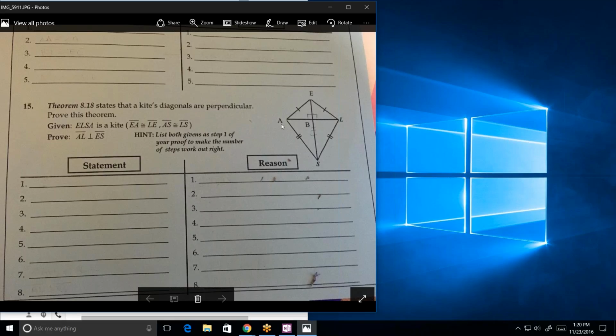We've already said that ABS is equal to LBS. So if ABS plus LBS is equal to 180, then I can say that 2ABS is equal to 180.